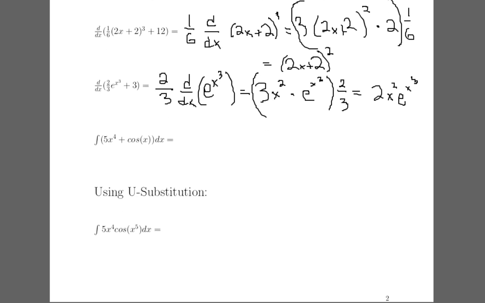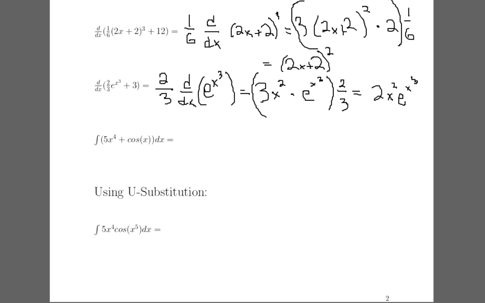All right, and then here's one other little integration rule that I'm sure you guys have learned. You'll see we have the integral of the quantity 5x to the fourth plus cosine of x dx. So in this case, we know that we don't have to use U-substitution because it's not a product of two functions of x.